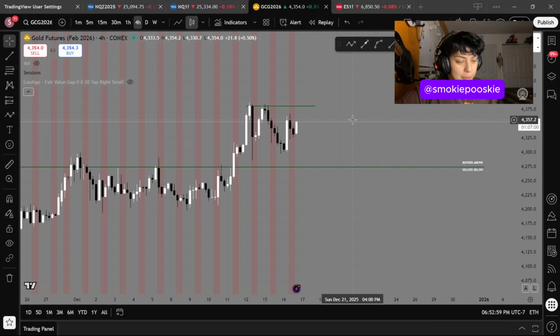Short answer is because market structure is made out of the candle bodies, not the wicks. The wicks are information. The wicks will tell you where price explored, but it won't tell you where price closed at. And so market structure is made out of where price closed at, not where price explored.